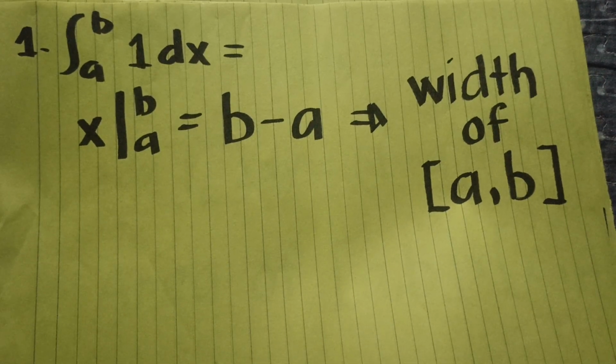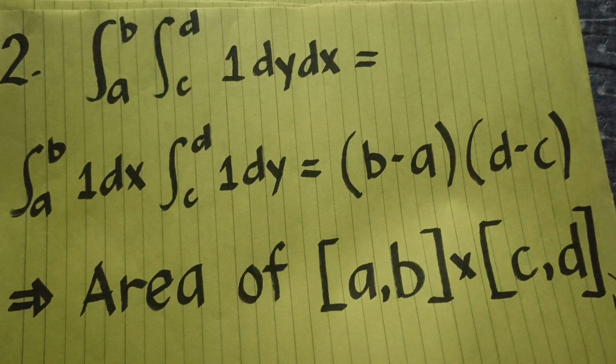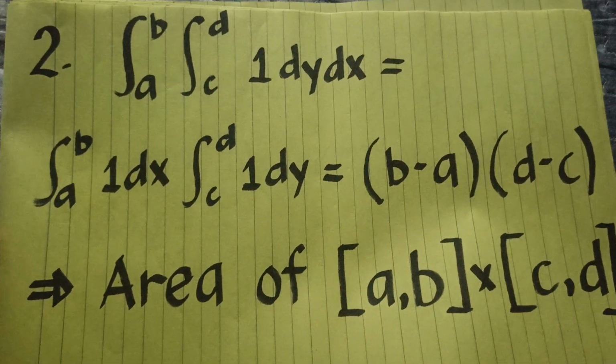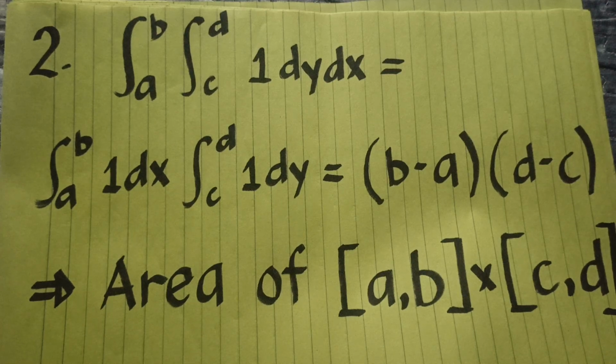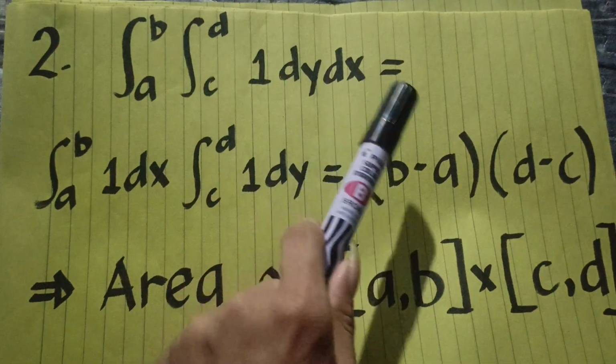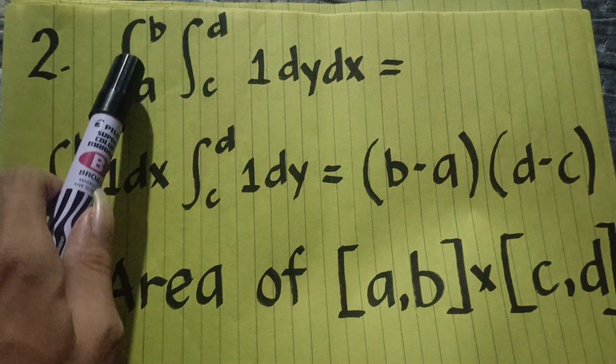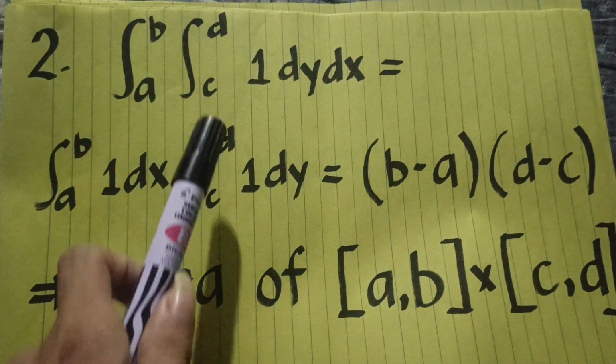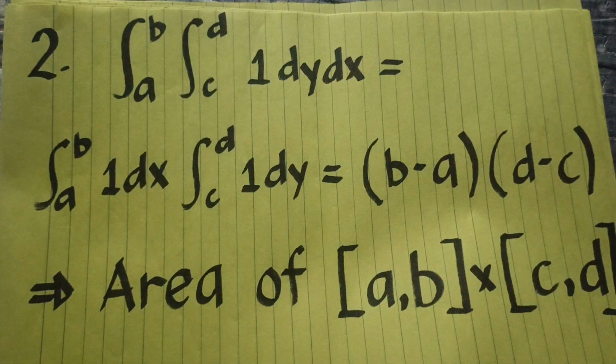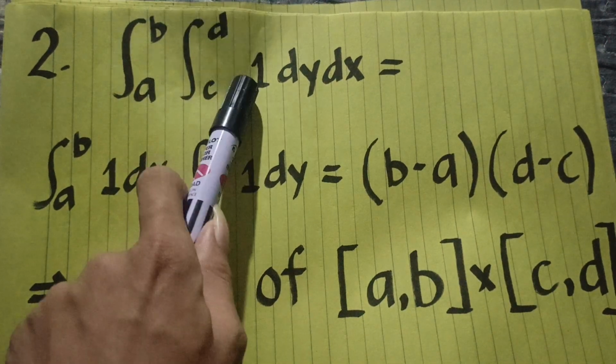Okay, so let's look at some double integrals. Suppose we want to integrate 1 dy dx over the rectangle where x is between a and b and y is between c and d. So our integrand is 1.